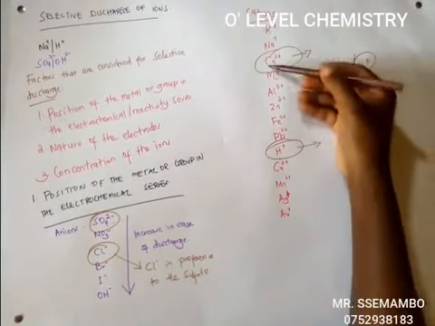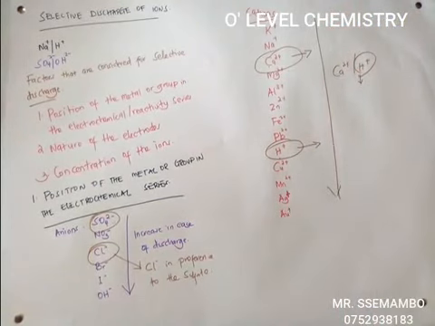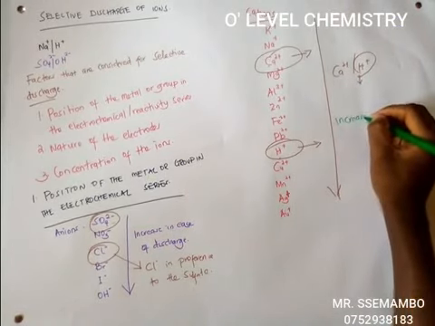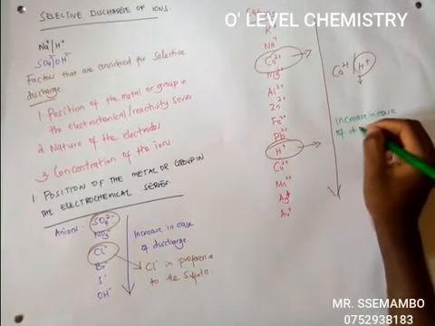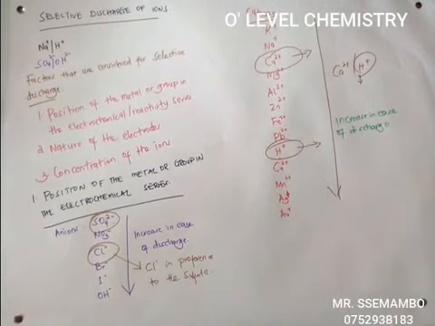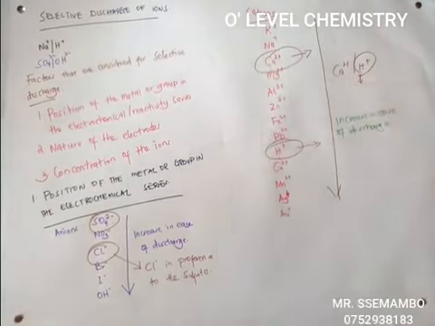Because hydrogen is below, and the ease of discharge increases as you move down the reactivity series. So we discharge hydrogen ions before calcium ions.